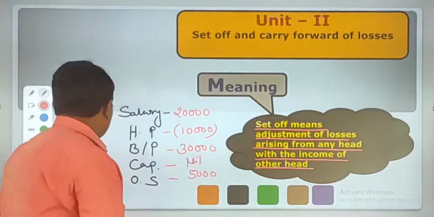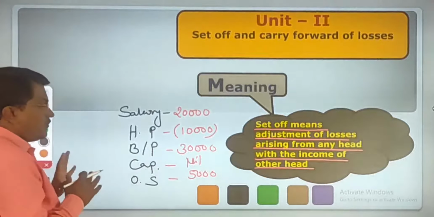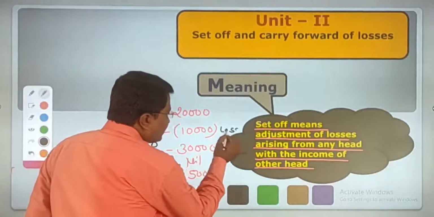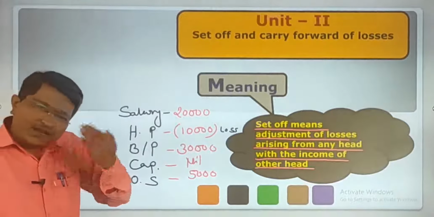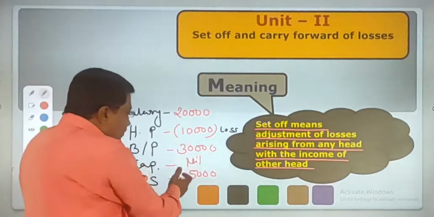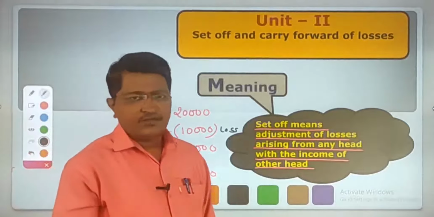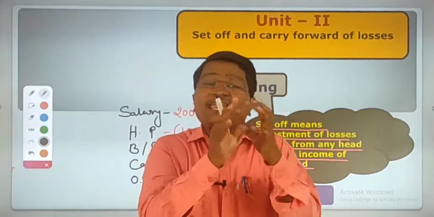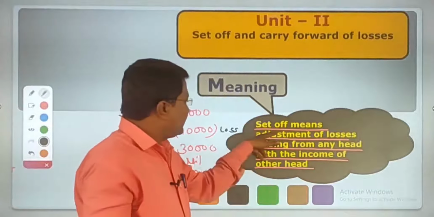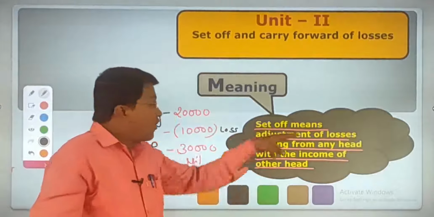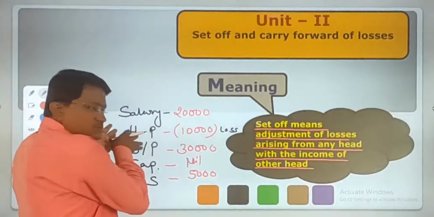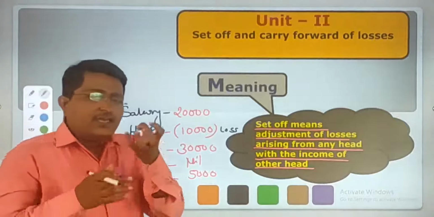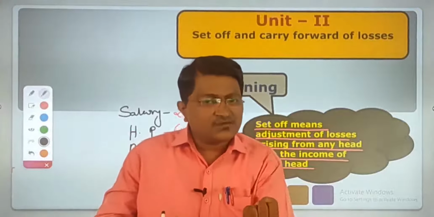See here, this loss of 10,000 can be set off with any other 4 heads, means the head which has income, with that we can adjust it. That's why I wrote here adjustment of losses of any head. Here I took income from house property, the second head, having a loss of rupees 10,000.